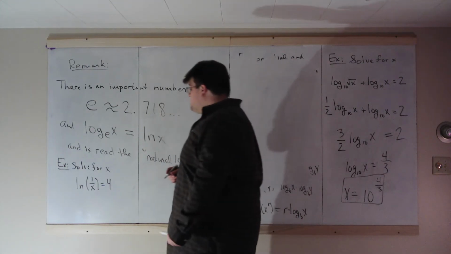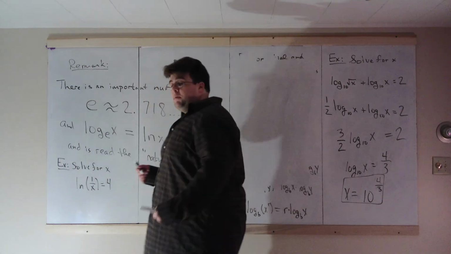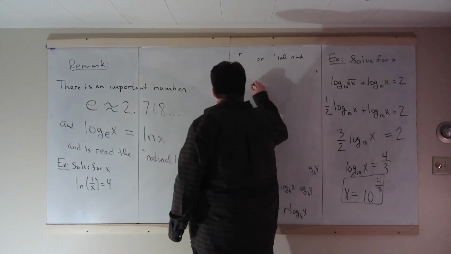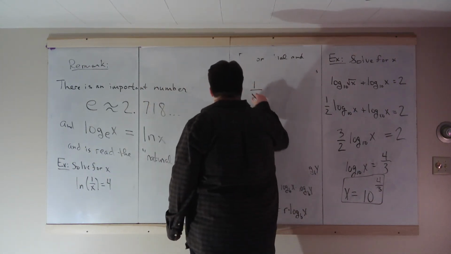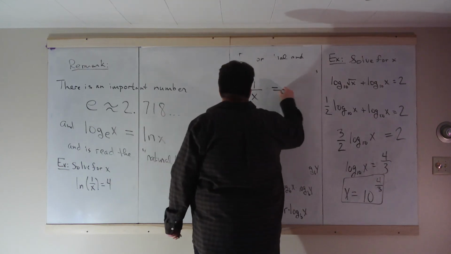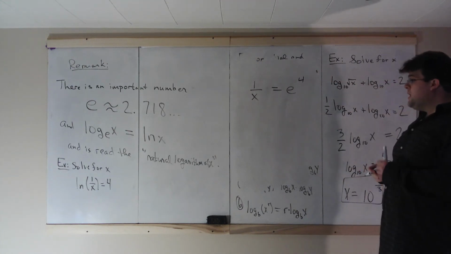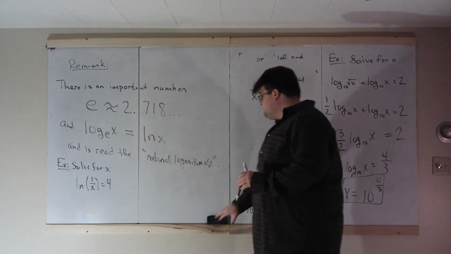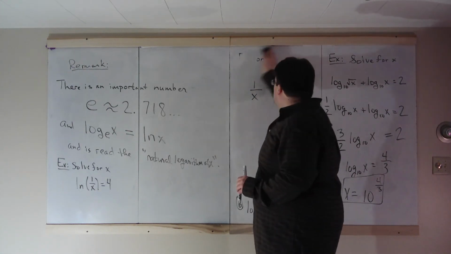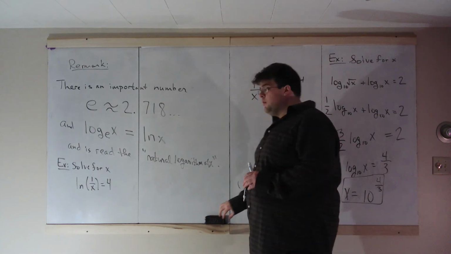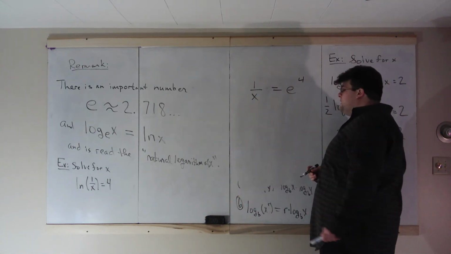How do you get rid of a natural log? You use an exponential. Which exponential? e, in this case. e to the left side is 1 over x. e to the right side is e to the 4. So you have 1 over x equals e to the 4.